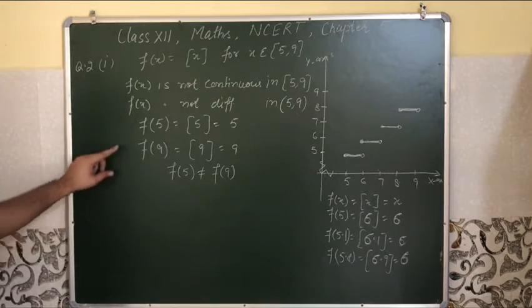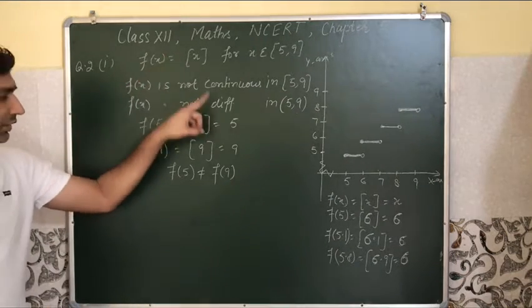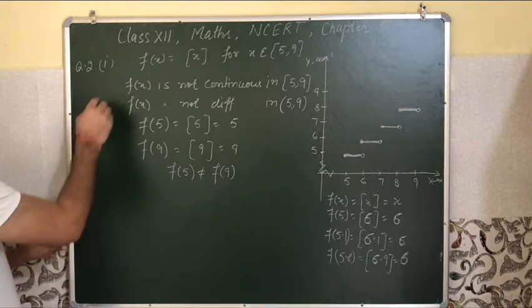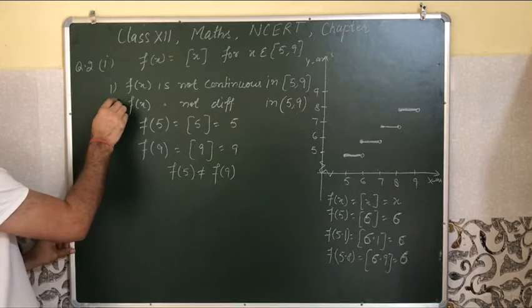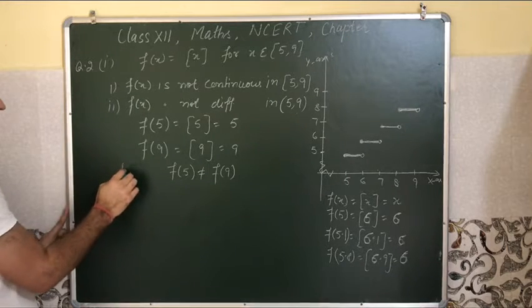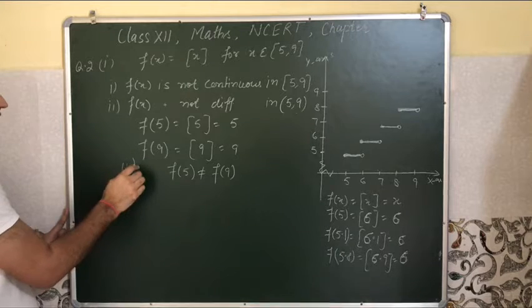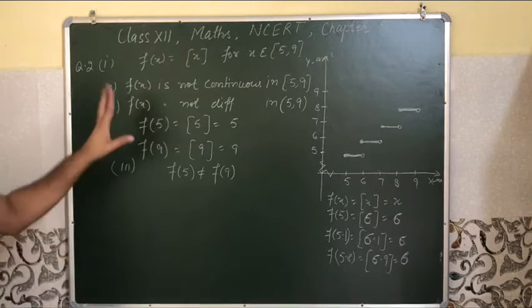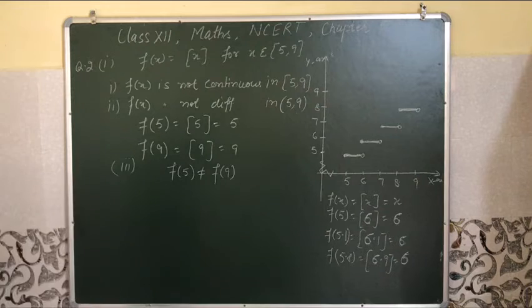That means Rolle's theorem is not applicable because three conditions are not satisfied. Three conditions are not satisfied, then Rolle's theorem is not applicable. This is part 1, and can you say something about the converse of Rolle's theorem from this example?